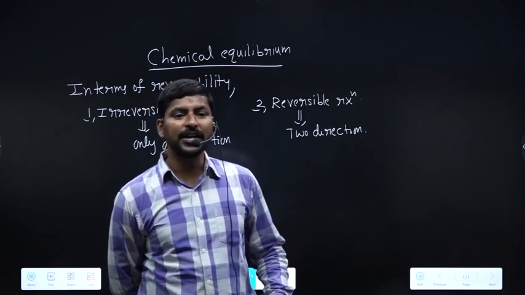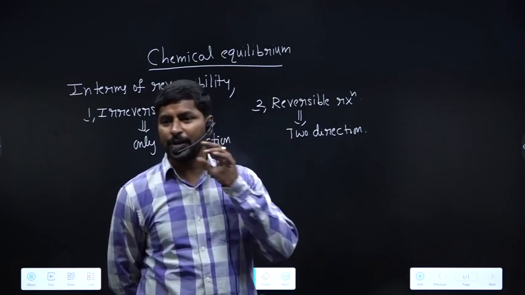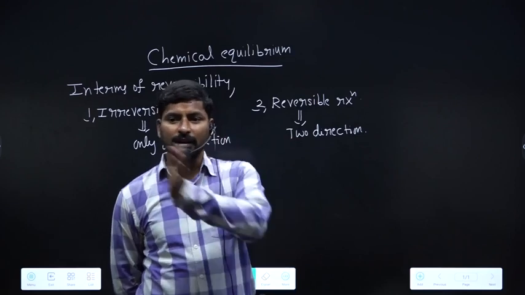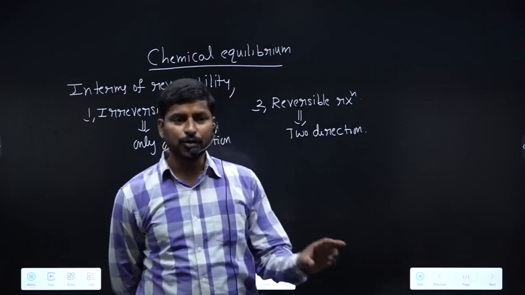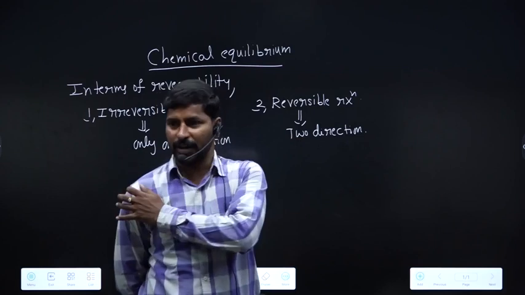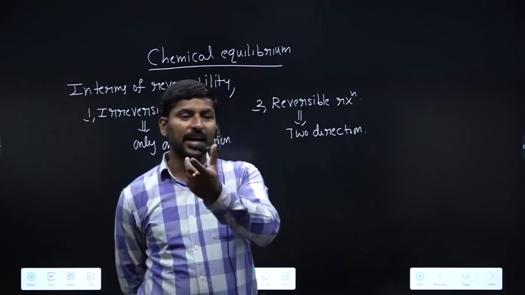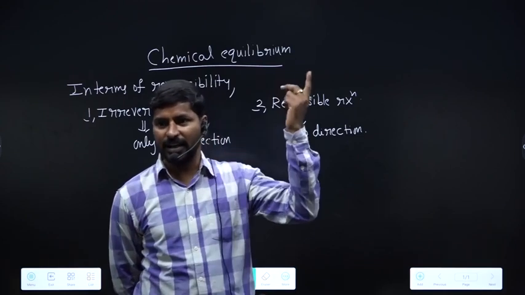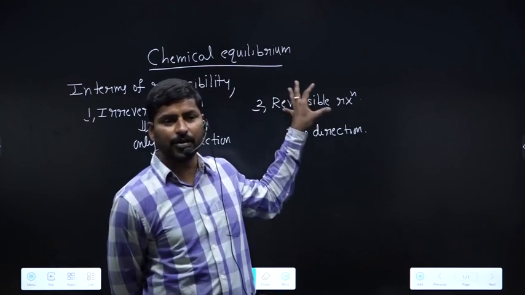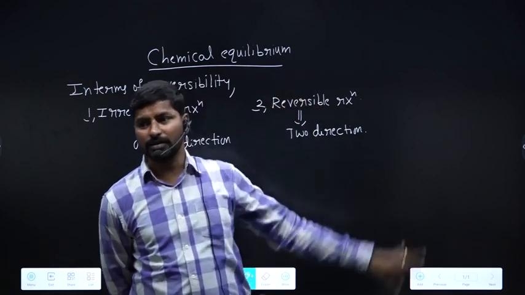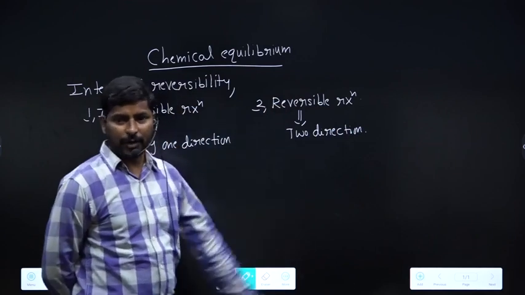In the case of ionic equilibrium, there exists an equilibrium between molecules and ions. H2O is in equilibrium with H+ and OH minus. So ions are involved in the equilibrium. That is ionic equilibrium.